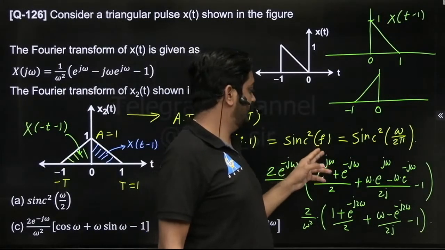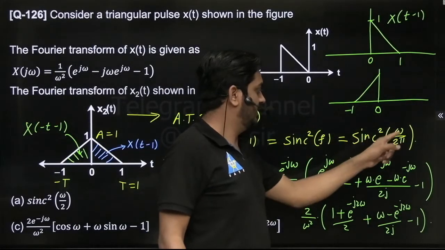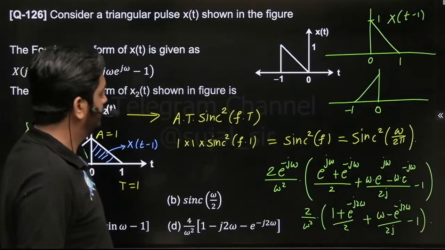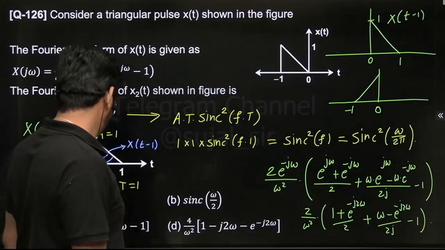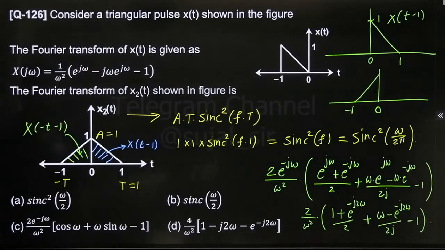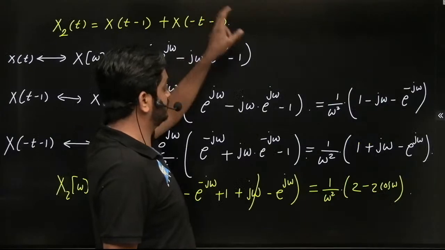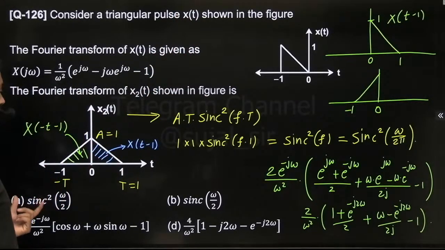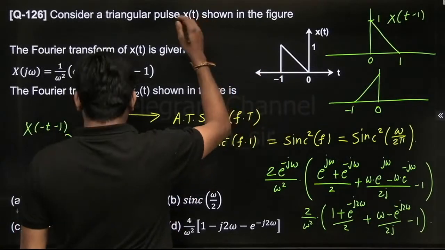So it is sec square f, where f equal to omega by 2 pi. Correct, omega upon 2 pi. So I think maybe there is a mistake, and this is the correct approach, guys. So this answer is possible, and one more, this answer is possible, guys: sec square omega by 2 pi.